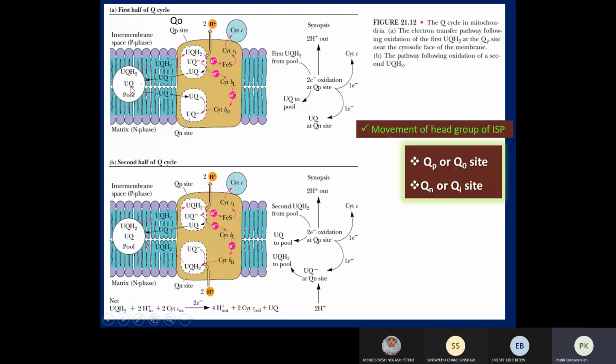So that means the one ubiquinol finally becomes semiquinone, but the two protons are transported here, and of course the electron that is transported from the iron sulfur cluster is further in turn transported to the cytochrome c1, that is the cofactor in the complex 3, which in turn transfers the electrons to the mobile electron carrier, that is the cytochrome C.